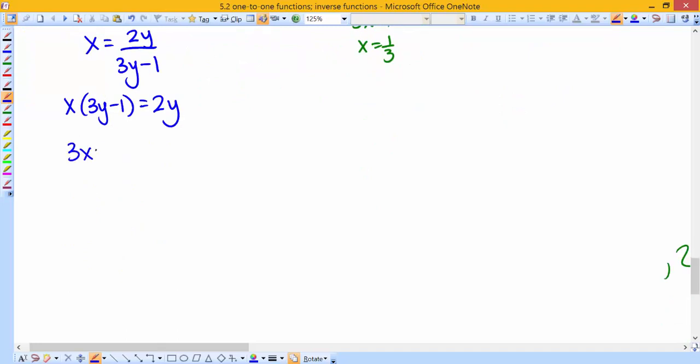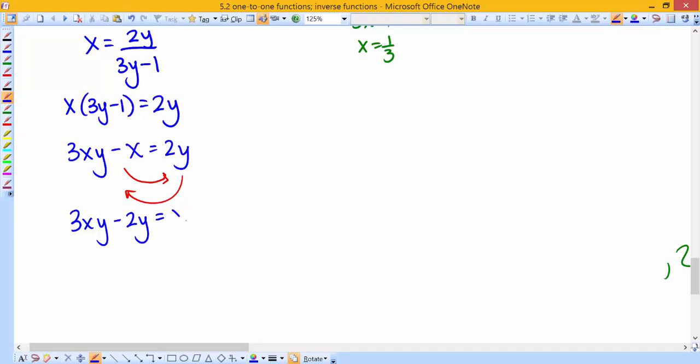I multiply: 3xy minus x equals 2y. I need to get my y's together. That's what I'm solving for. Y's must be together. So I'm going to move the x over here, and I'm going to move the 2y over here, which is going to give me 3xy minus 2y equals x.